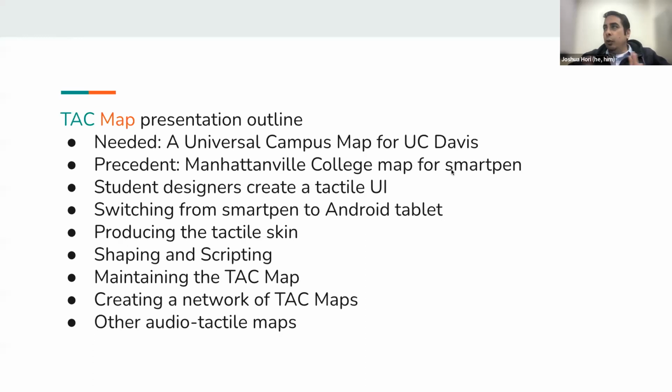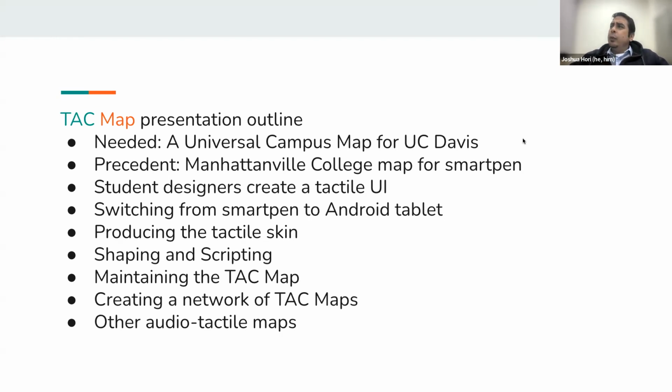Now, just doing a quick outline of this presentation: we needed a universal campus map for UC Davis, and some of the precedents we were looking at. We're going to look at the Manhattanville College map with a LiveScribe smart pen. We're going to talk about our student designers here at UC Davis that helped us create this map.